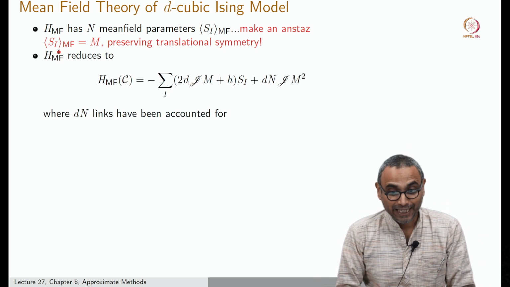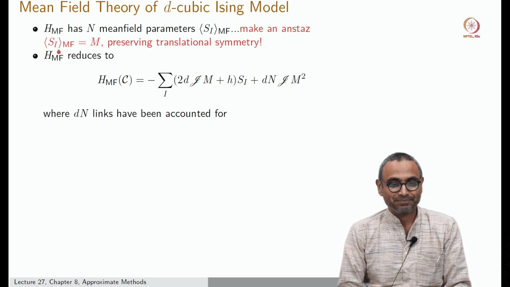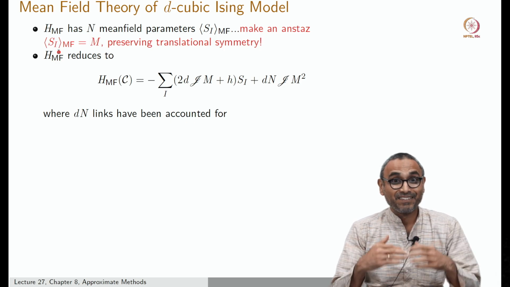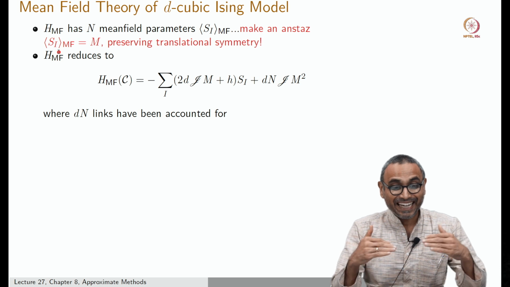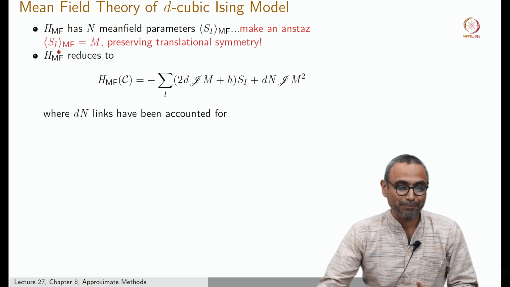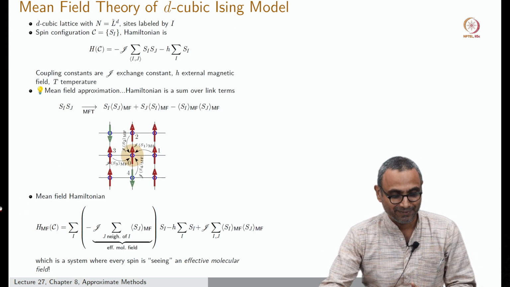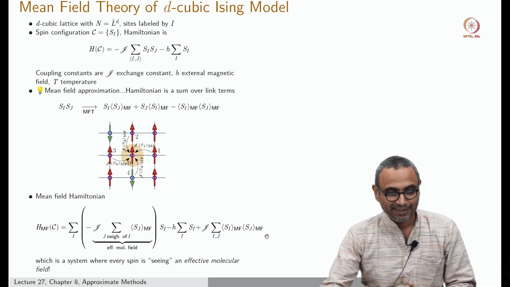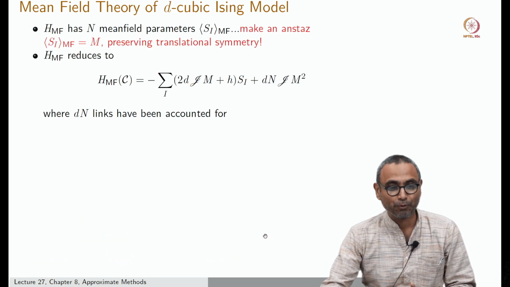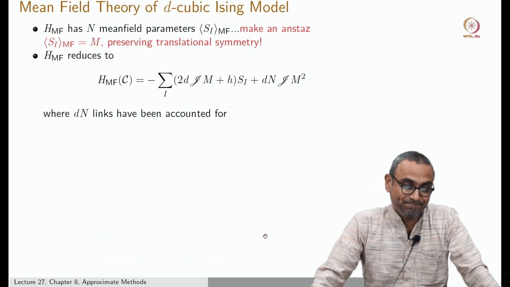Okay, so that is a great deal of progress, because with this framework I can immediately simplify the mean field Hamiltonian I wrote down in the previous slide into something that looks much more human readable.